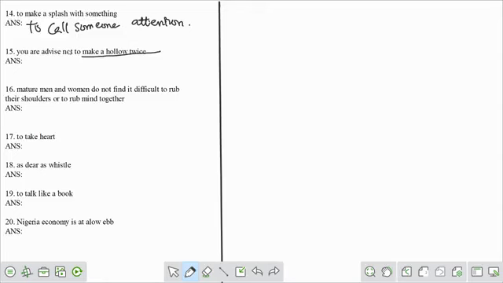So holo twice actually means, oh, sorry about that. I'm actually correct. The sentence is, you are advised not to make a holo twice. Holo twice means unsigned agreement. Yes, I'm correct. Holo twice means unsigned agreement.